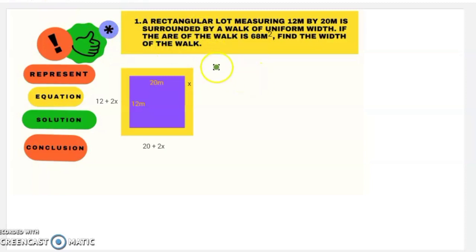Paano magre-represent? So, madali lang. So, lalagay nyo lang is let x be the width of the walk. Para alam nyo yung isosolve natin. Okay? Next.